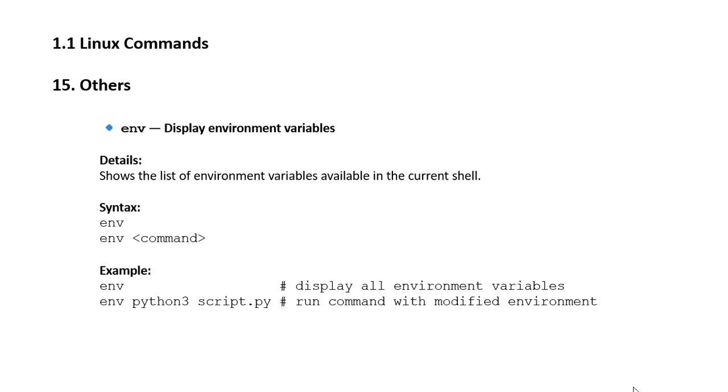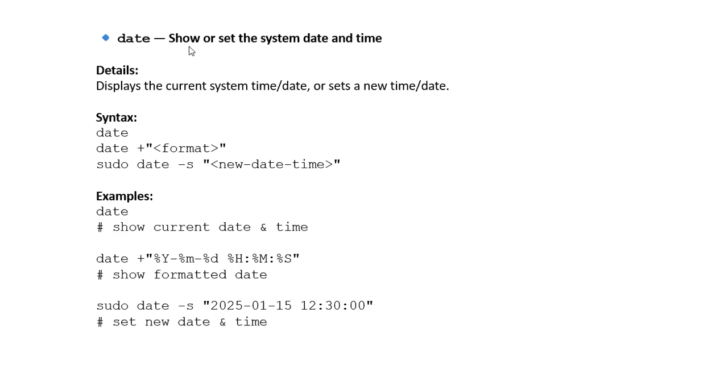The date command shows or sets the system date and time. The detail is it displays the current system time and date, or sets a new time and date. The syntax is date, and another syntax is date plus double quotes as the format, and sudo date hyphen s double quotes as the new date and time.